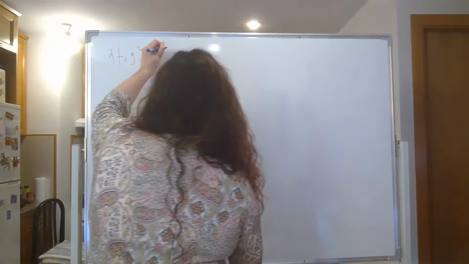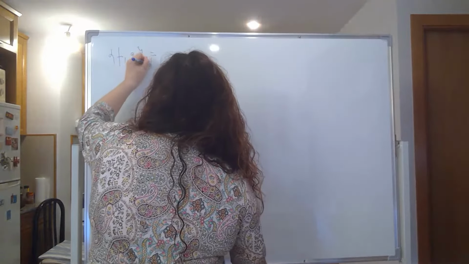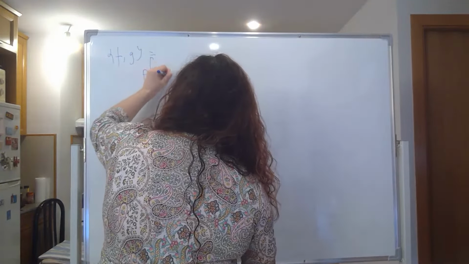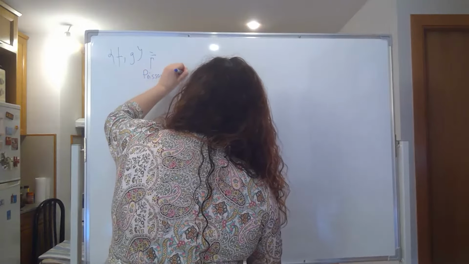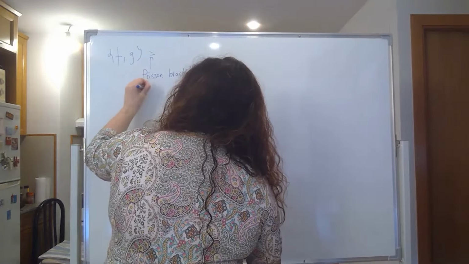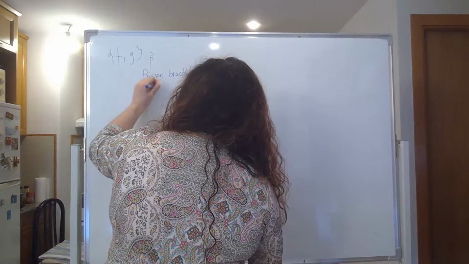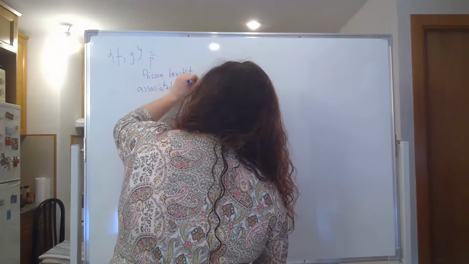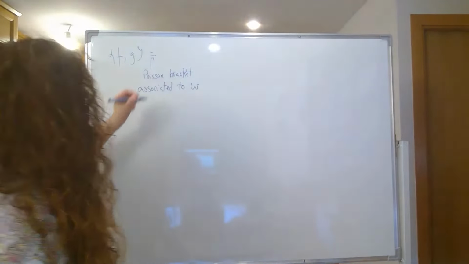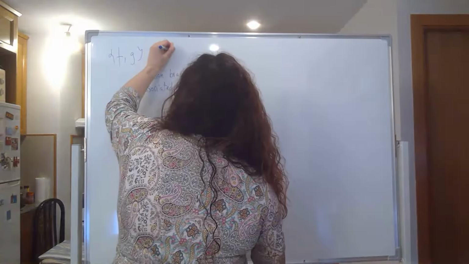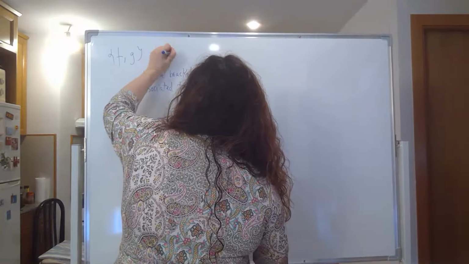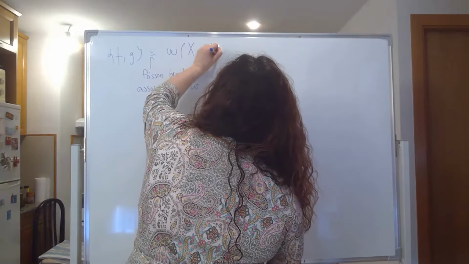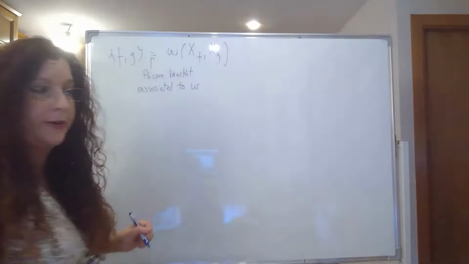So the definition is, if you have the Poisson bracket associated to a symplectic form, the definition we had is to apply omega, the symplectic form, to the Hamiltonian vector fields of F and G in this order.